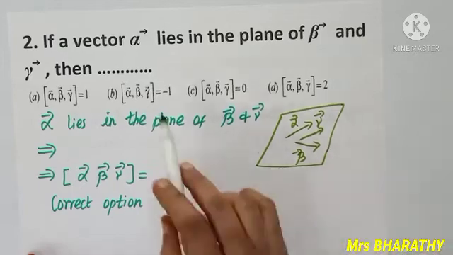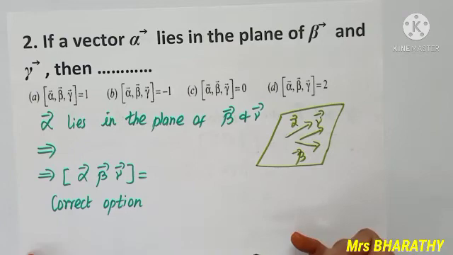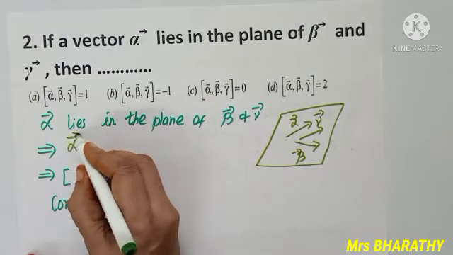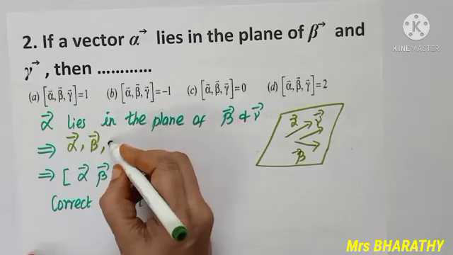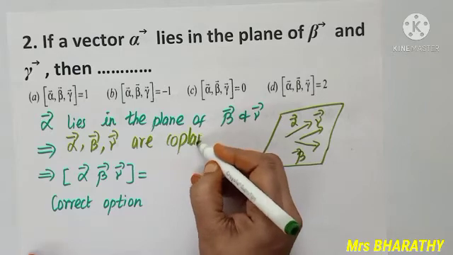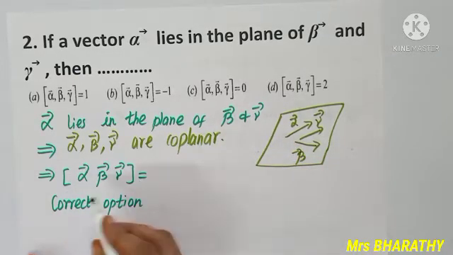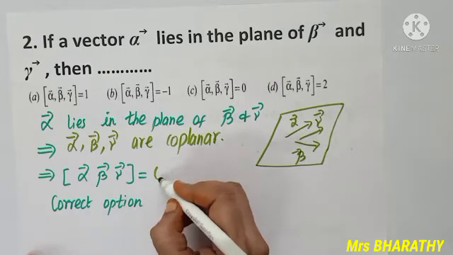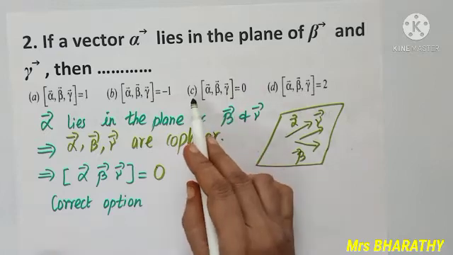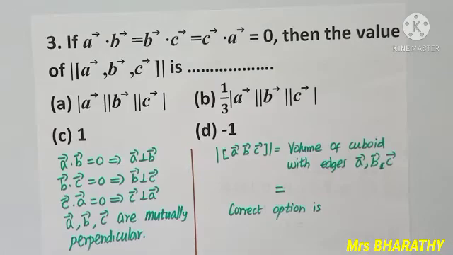Whenever I say alpha lies in the plane of beta and gamma, we can immediately declare the vectors alpha, beta, gamma are coplanar. Lying in the same plane tells us the triple product or box product is 0. Here box alpha, beta, gamma is 0, so the correct option is C.